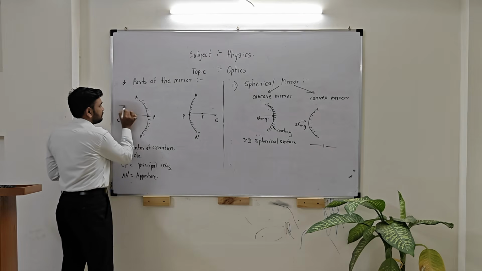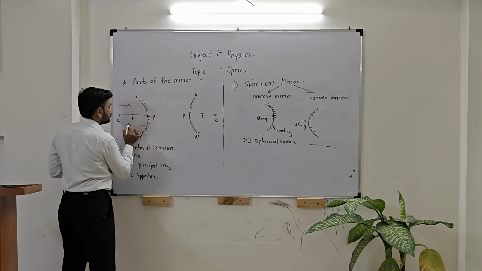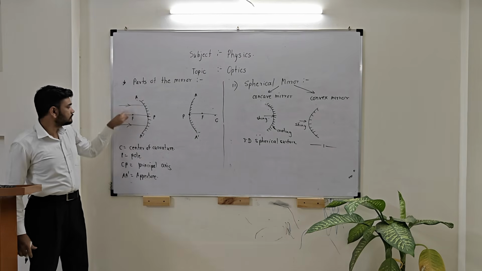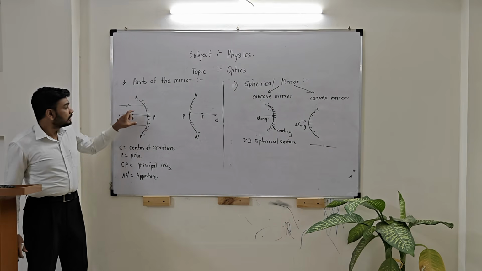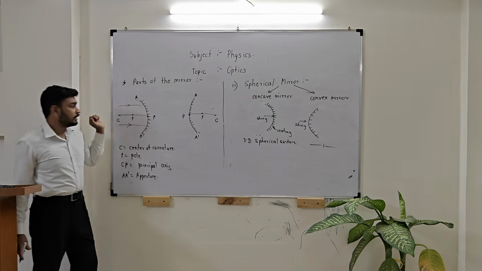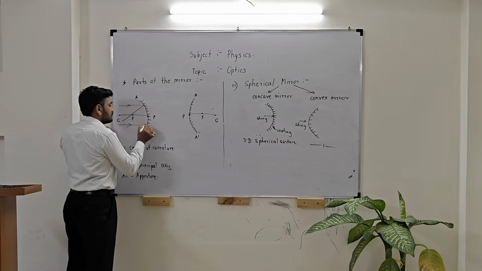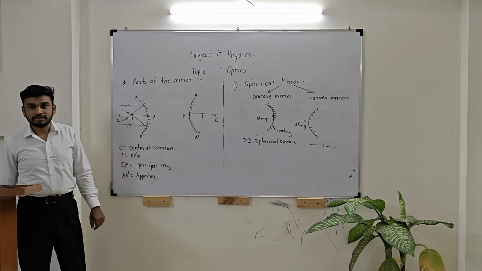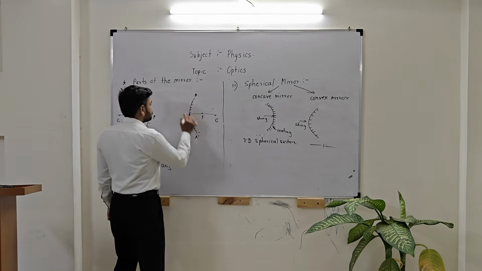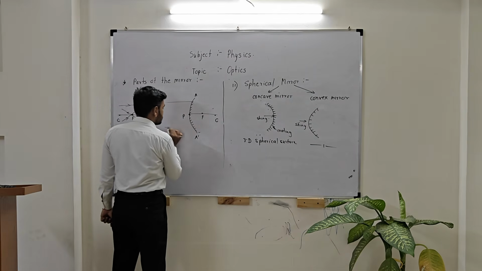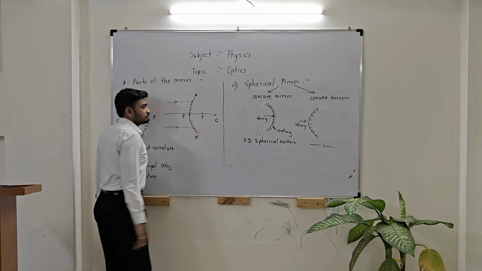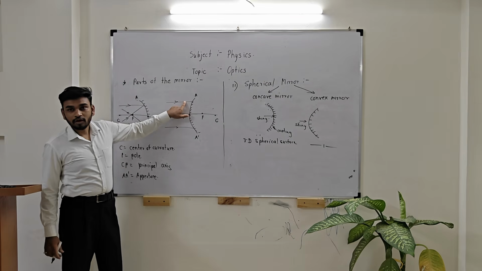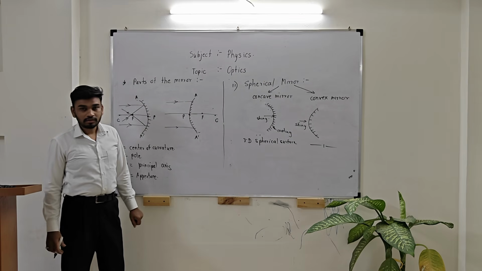If a ray of light parallel to the principal axis, after reflection, passes through a single point like this, that single point is known as the principal focus. Here also, this is a ray of light which is parallel to the principal axis.